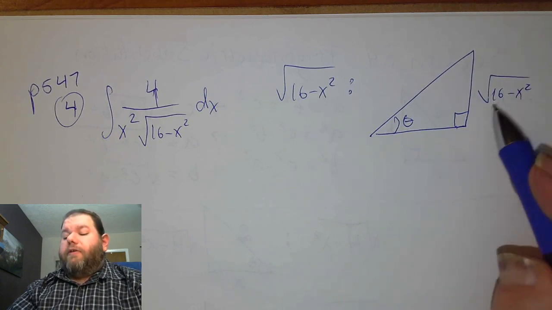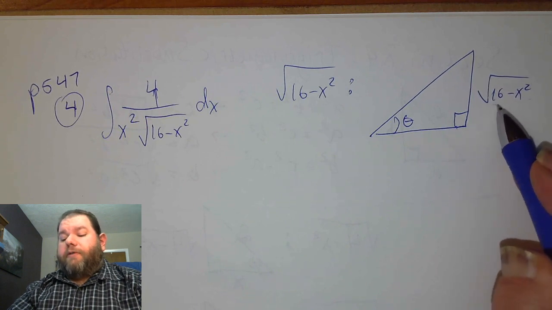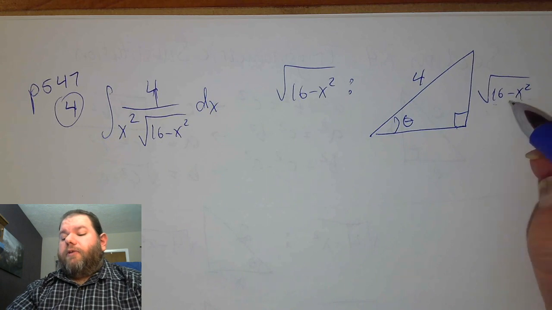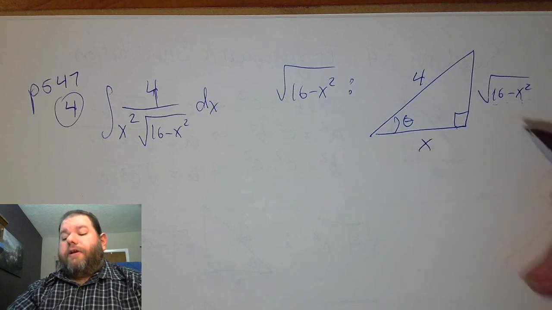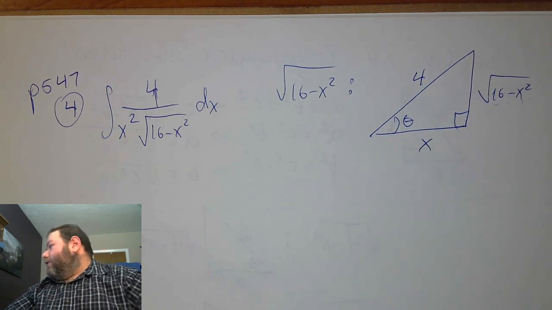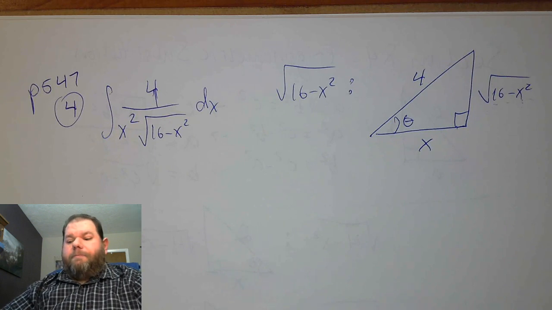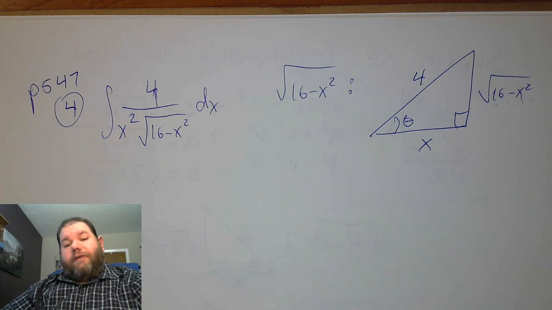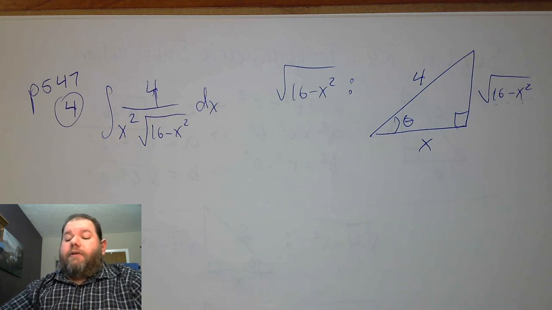Again, this is a difference of squares, meaning the positive term is going to be the hypotenuse, and the one that's being subtracted is the other leg of the triangle. And so that would be our setup. Now, the question is, how do we generate a substitution out of this? Well, that's what we need to look at next.